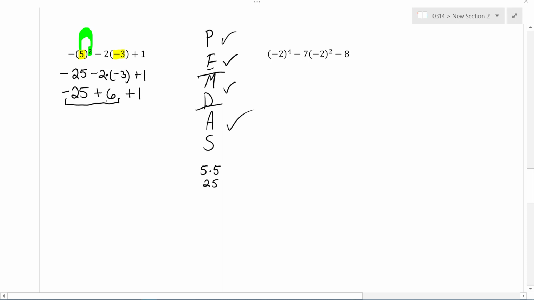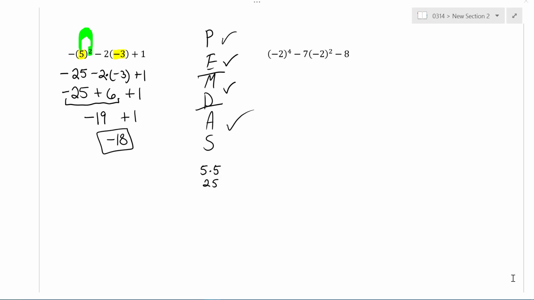So I'm going to perform this addition first. What is negative 25 plus 6? You can put that into decimals if you want to, but I get a negative 19. And so the next addition that I see there is that plus 1. So what's a negative 19 plus 1? I get a negative 18. So our final answer is a negative 18.